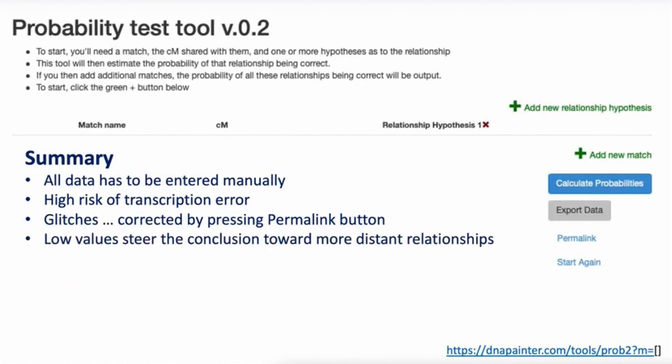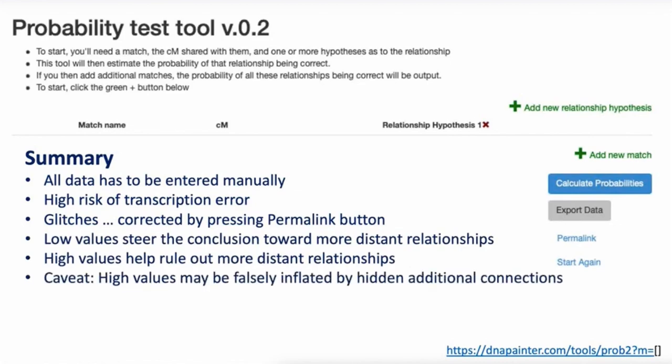Low values of CM shared will steer the conclusion toward more distant relationships. High values will help rule out the more distant relationships. And high values may be falsely inflated by hidden additional connections.